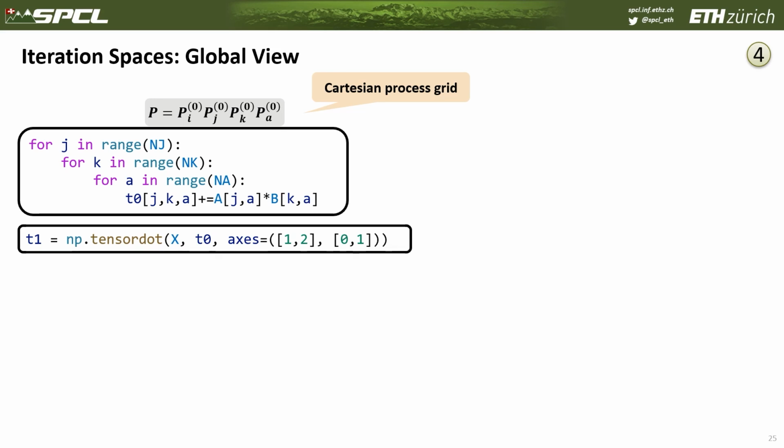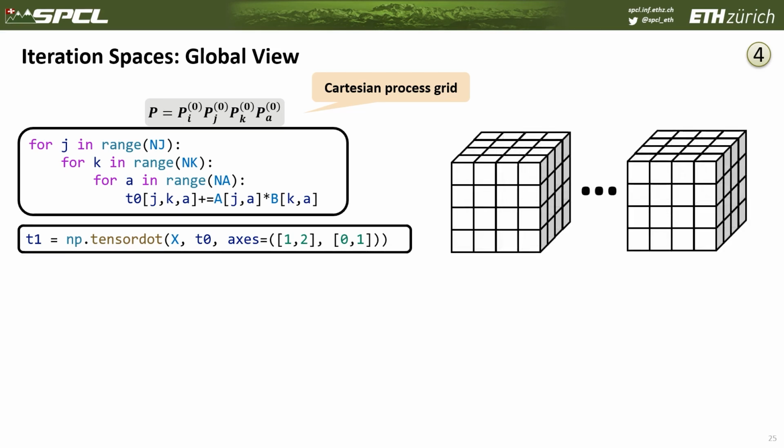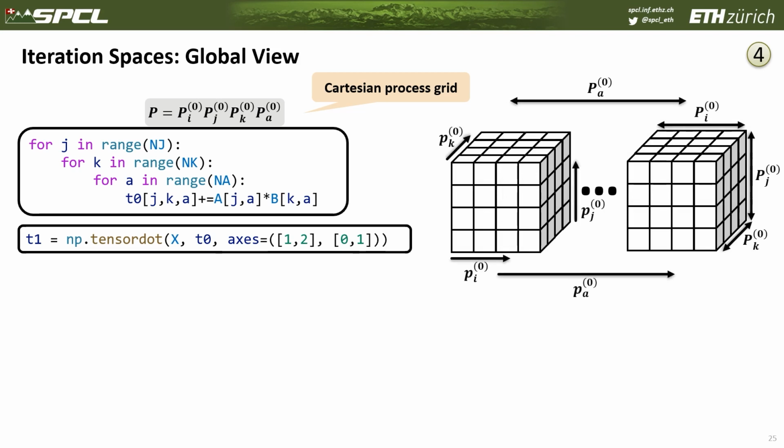In our example, we start with the first group that is using I, J, K, and A, and therefore the corresponding process grid is 4-dimensional, and we use capital P for the extents of the grid and small p for the coordinates. The idea here is that every small block of this grid is the computation that is going to be assigned to a particular compute unit or a process. And we can compute the size of the block basically by dividing the sizes of our program by the extents of the process grid.